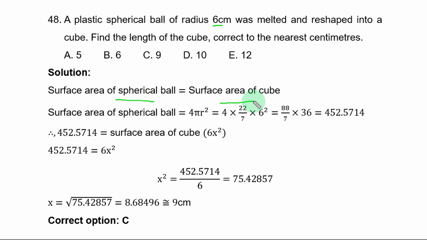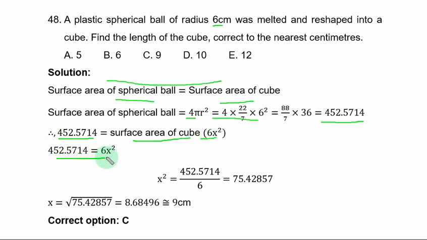So the surface area of a spherical ball is 4 pi r squared. You have this result and this result. From this expression, you have 452.5714 equal to the surface area of a cube, which is 6s squared.